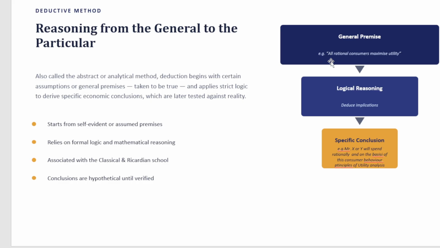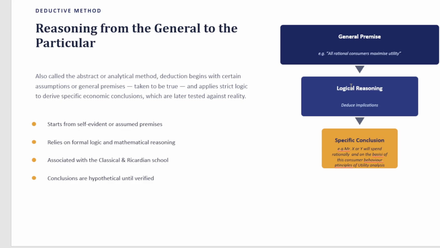Like if we assume that all consumers are rational, and due to their rationality they always try to maximize their utility, then on the basis of this assumption, we draw conclusions through logical reasoning.